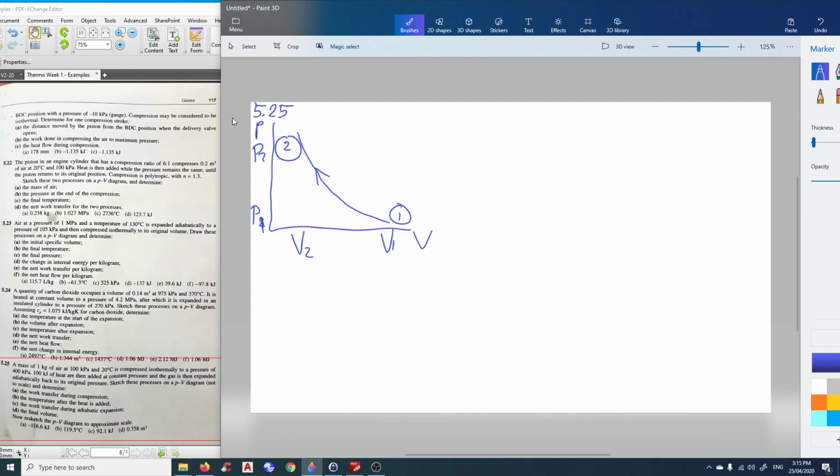I'm just going to use a different color now. After that, the heat is added at constant pressure. So there is an addition of heat there at constant pressure. Then the final one is expanded adiabatically. So from here to here.